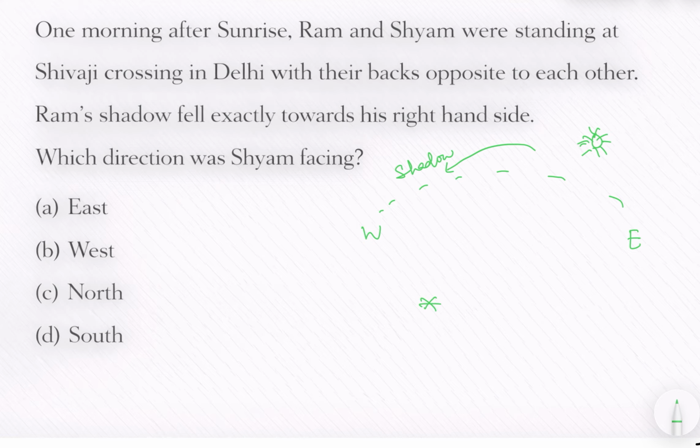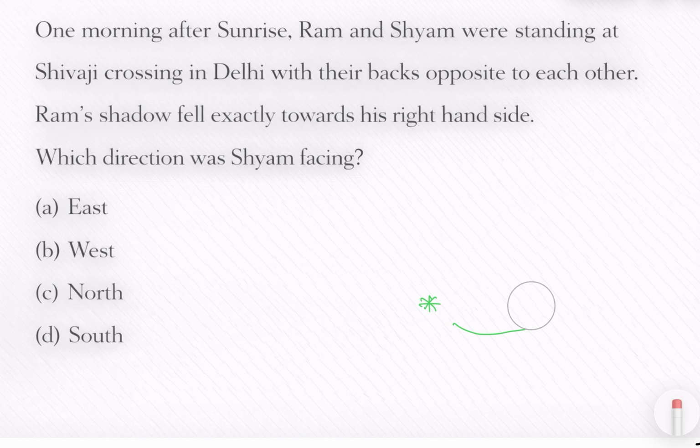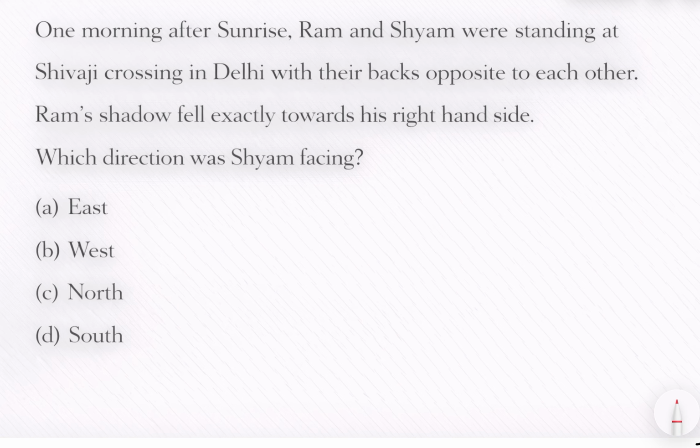And in the afternoon, the shadow will fall towards the east. So before noon, the shadow will be on the west, and afternoon, the shadow towards the east.